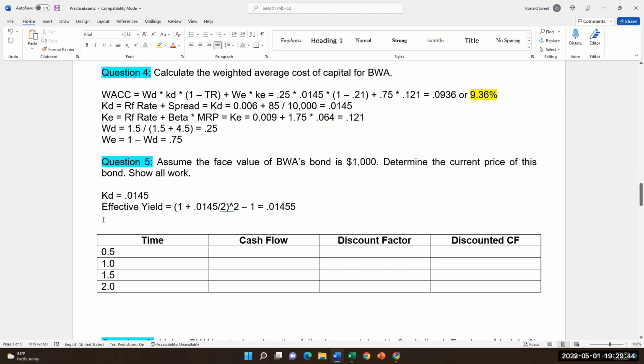Your cash flow is going to equal the face times the coupon divided by 2, which equals $1,000 times 0.07 divided by 2 equals 35. So we got 35, 35, 35, and then at the very end, get your $1,000 back plus the 35.